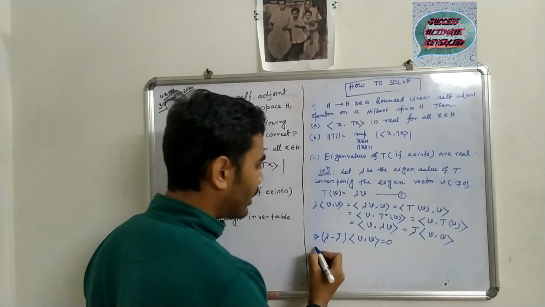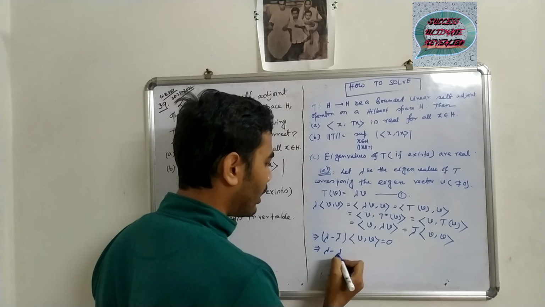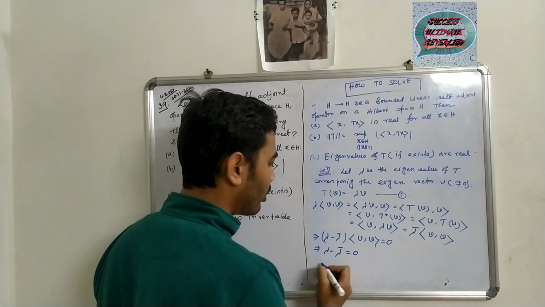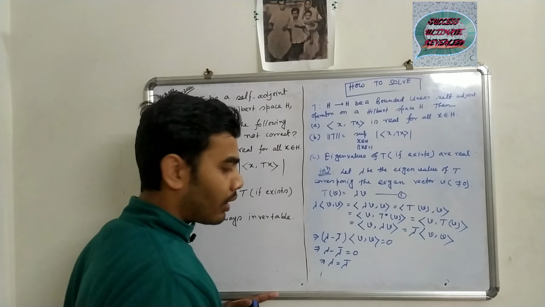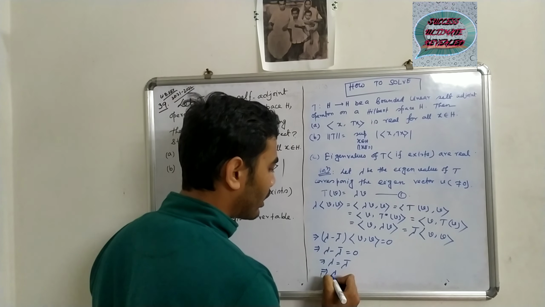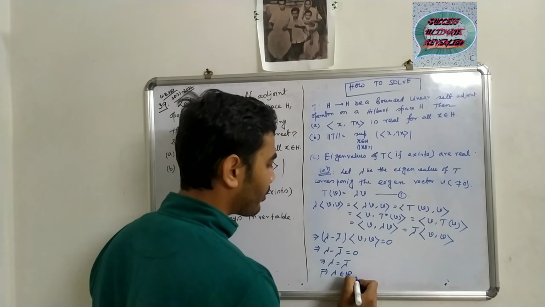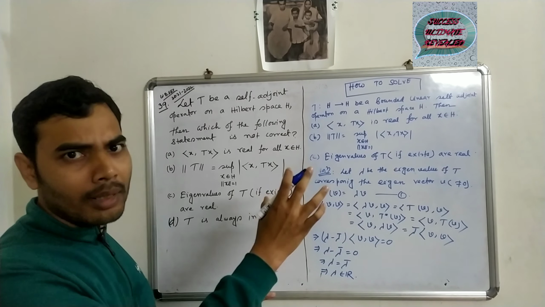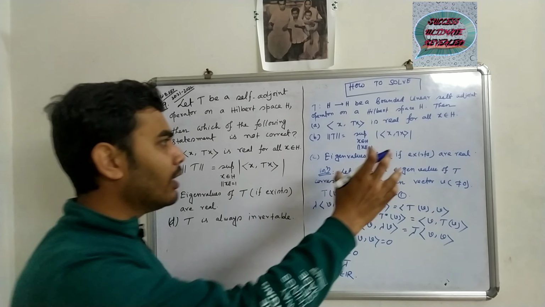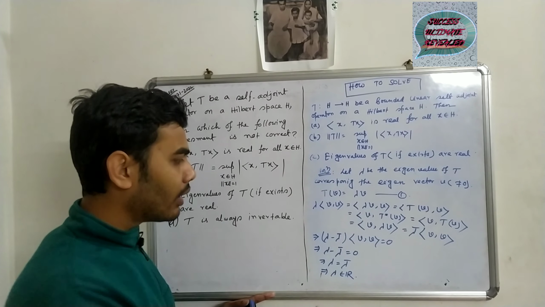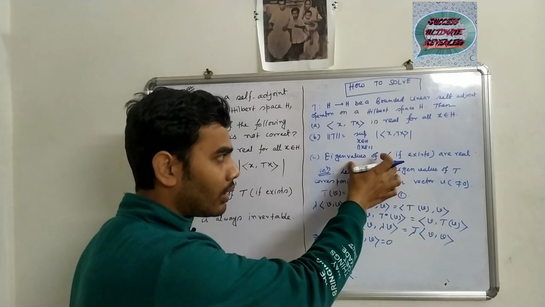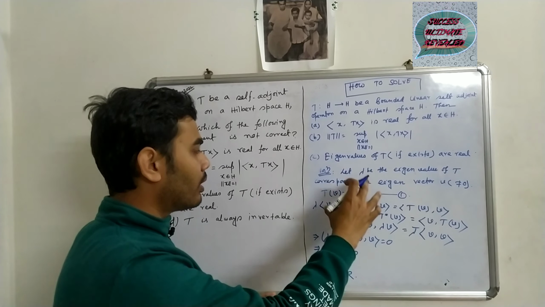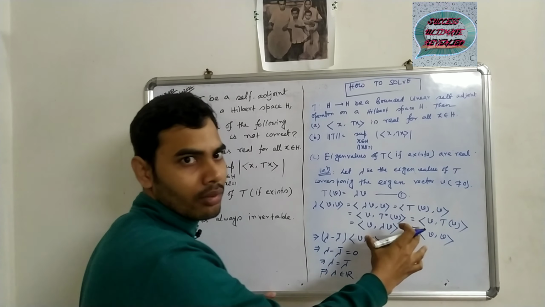So from here you get lambda minus lambda bar equal to 0, so lambda equals lambda bar, and from this relation we get lambda belongs to R. So the third result says that if an eigenvalue of T exists, then it must be a real number. Okay, so if you don't know this result, you can also try to solve this problem according to this concept.